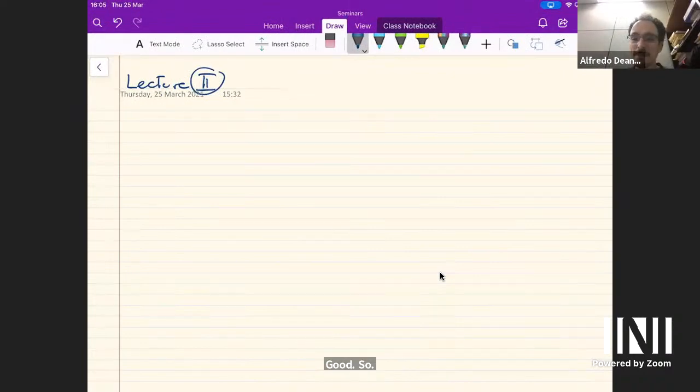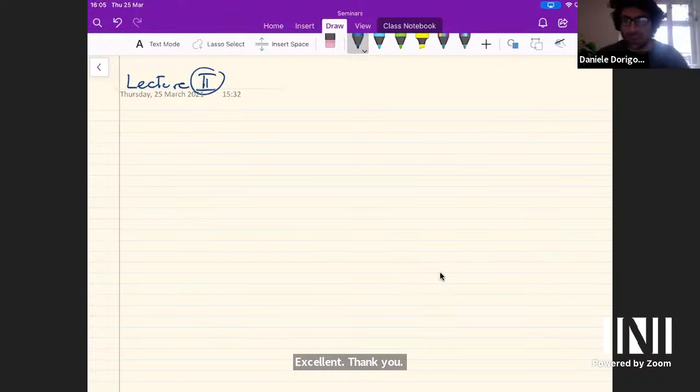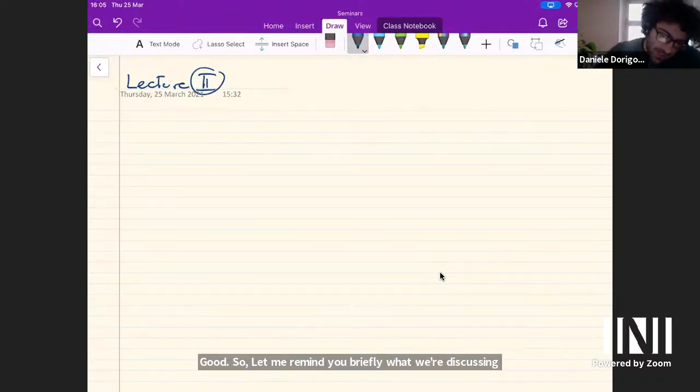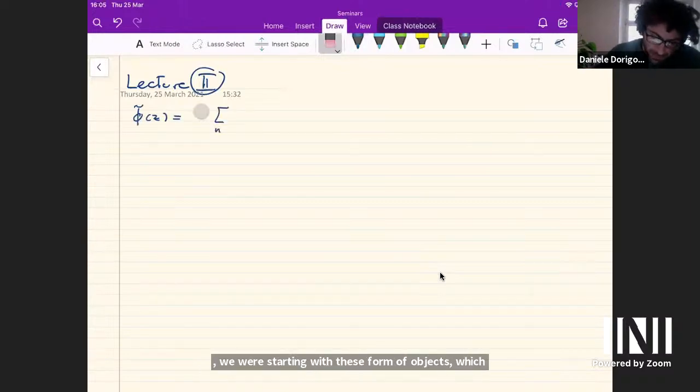Perfect. Good. So let me remind you briefly what we were discussing yesterday. We were playing a slightly different game. We were starting with these formal objects, which were formal power series in some large coupling constant.